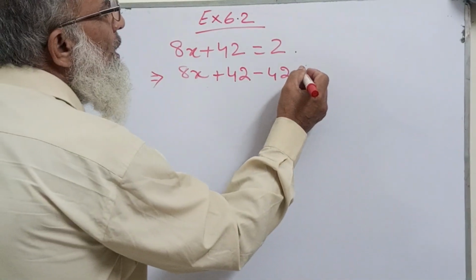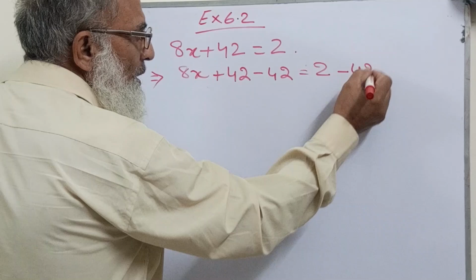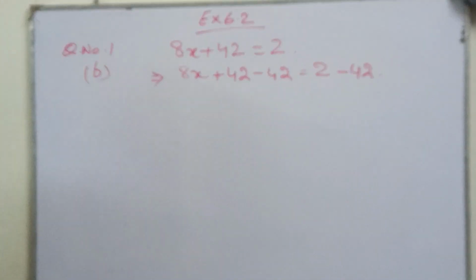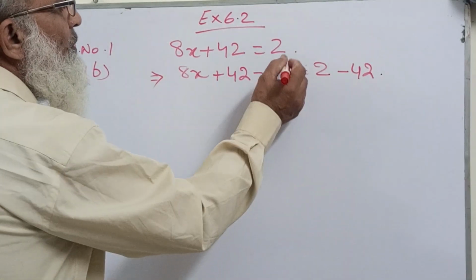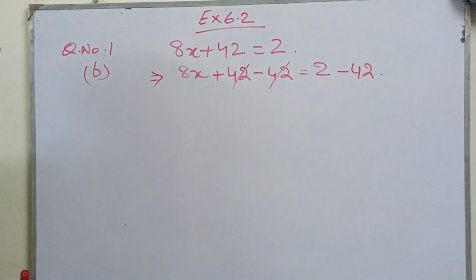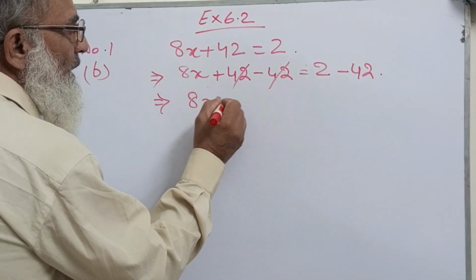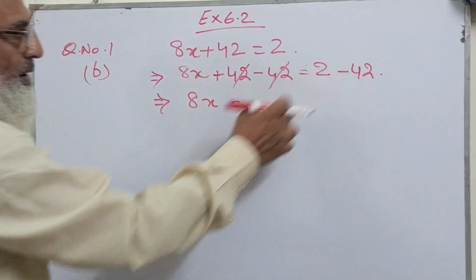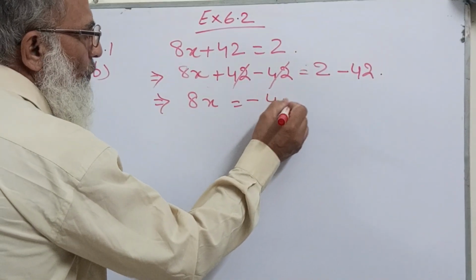So what we do is we do the same thing on the other side, which is the right hand side. So from here it is gone, it is eliminated, and what will become, you can just minus it straight away. Now it will become 40.